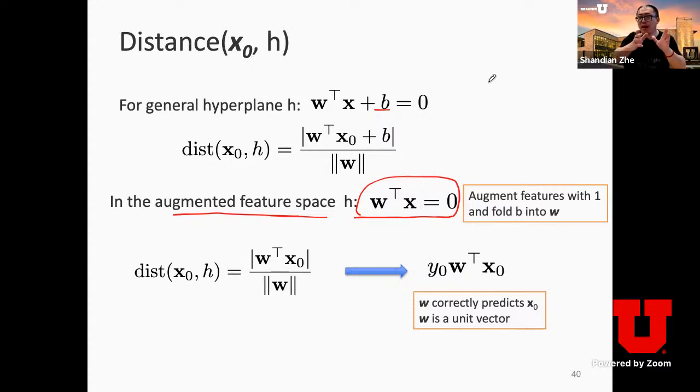So you can imagine that in the augmented feature space, your separating hyperplane now has to pass through the origin. But all the training examples or test examples have a constant feature 1 as some coordinate. Does it make sense?